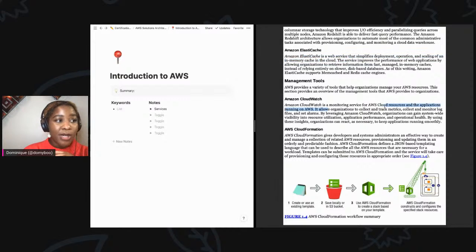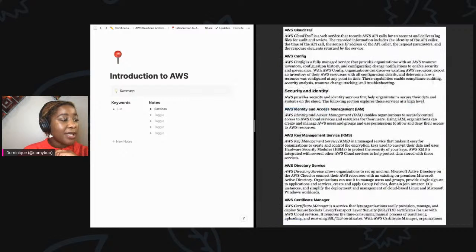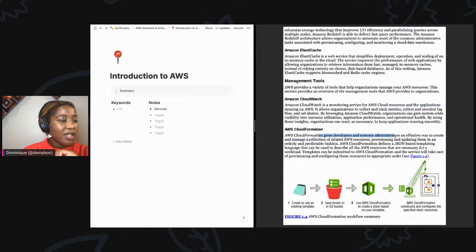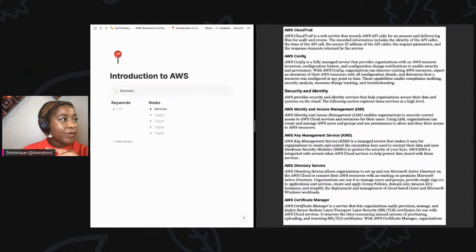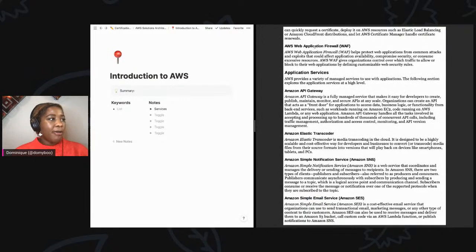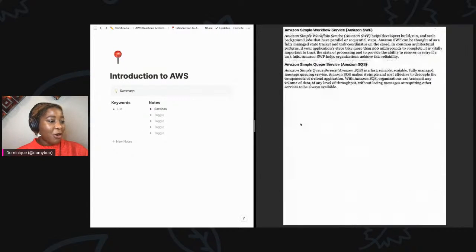We have CloudWatch, a monitoring service for your resources. CloudFormation gives developers and administrators an effective way to create and manage a collection of AWS resources. Okay, cool. They went into literally every service. CloudTrail, AWS Config, the security services, which are IAM, Key Management Service, AWS Directory Service, Certificate Manager. They have a web application firewall, a whole bunch of services.